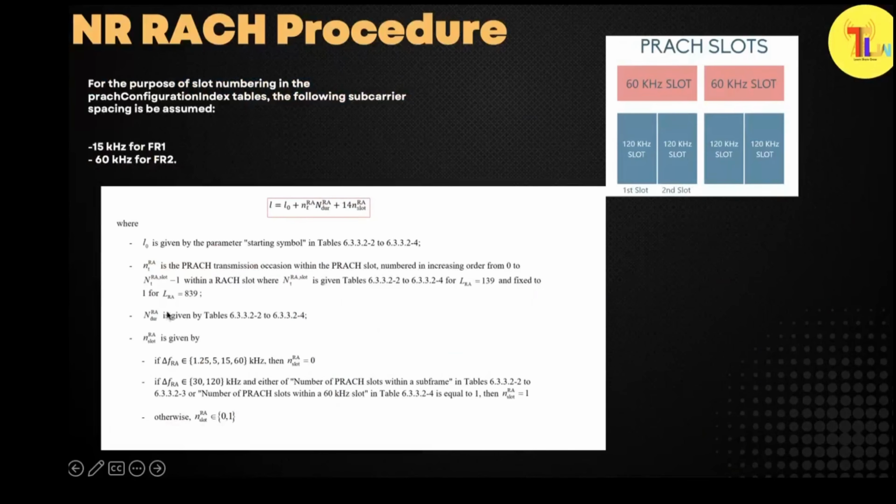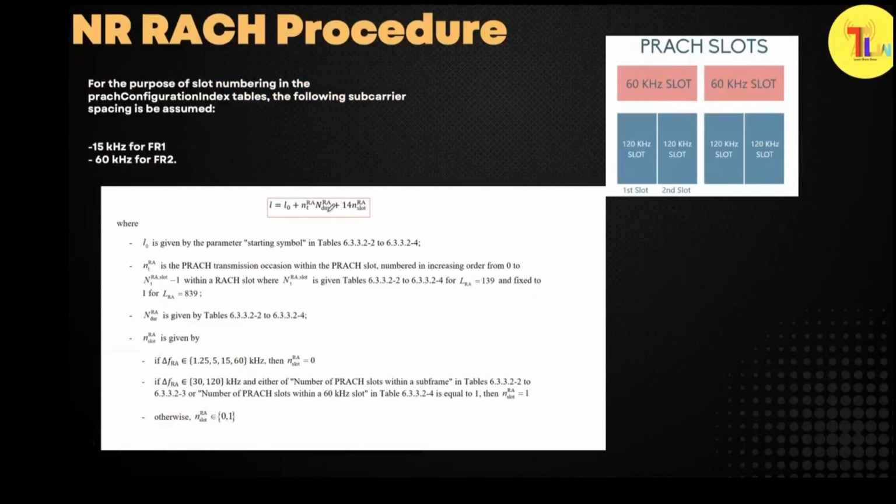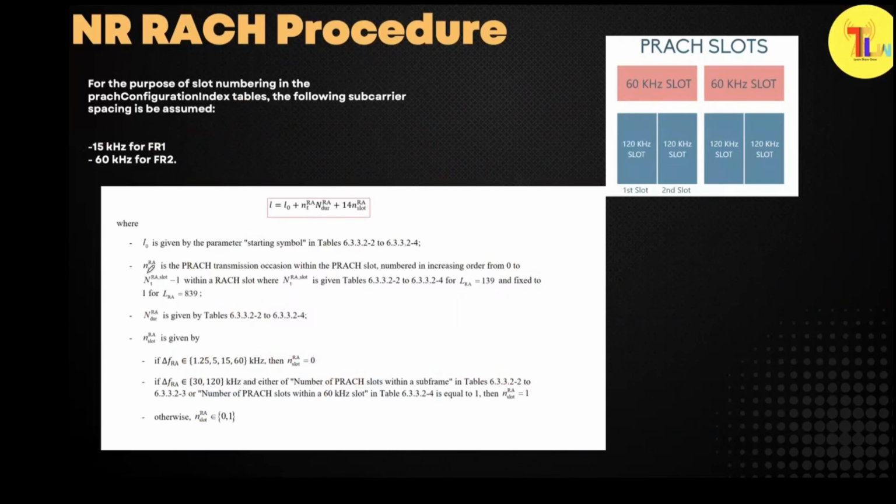This you can see, L is equal to L0 plus NTRA and duration of RA plus 14 into RA slots. So you can see it is given the parameter starting symbol. Then this NTRA is the patch transmission occasion within the patch slot, numbered in increasing order from 0 to NTRA slot minus 1 within a RACH slot.